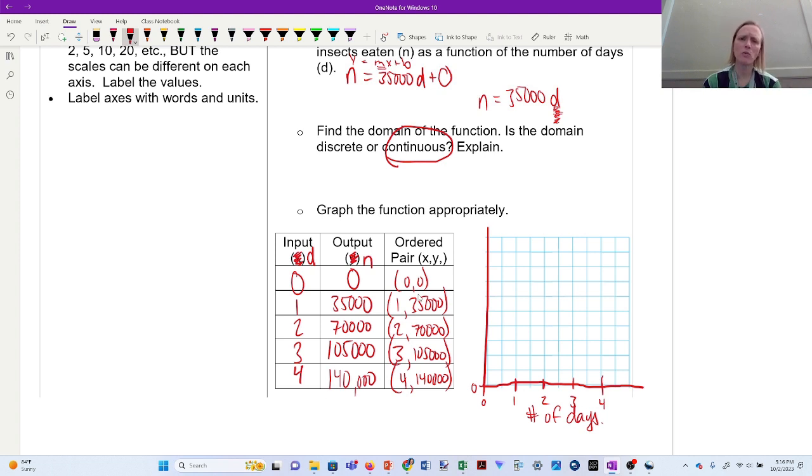So looking at the y-axis here, we need to be able to go all the way up to 140,000. So how to do this is a little trickier. If I rounded that off to 150,000, let's see, I could maybe do, let's just call this 50,000.